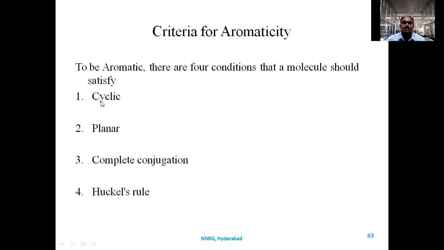If a compound satisfies these 4 criteria, that is cyclic, planar, complete conjugation, and Huckel's rule, then the molecule can be said to be aromatic. If any one of these criteria is not there, then it is not called aromatic, it is non-aromatic. So we'll see individually what the criteria are for satisfying the aromatic property.